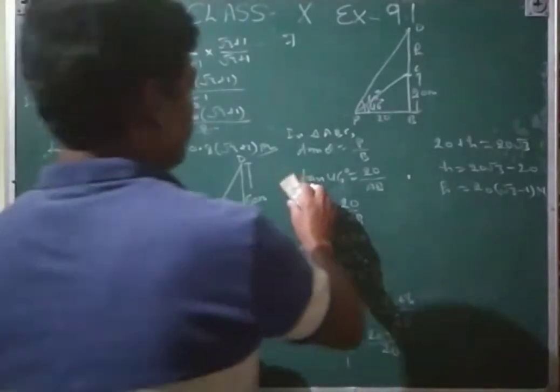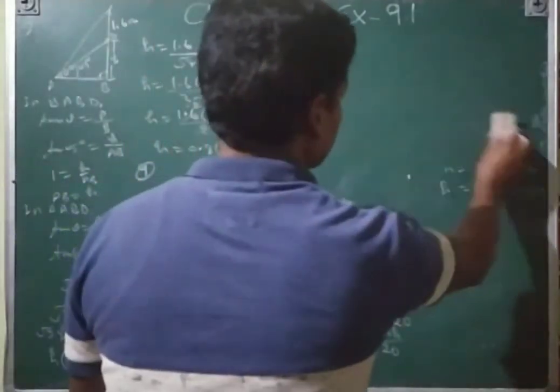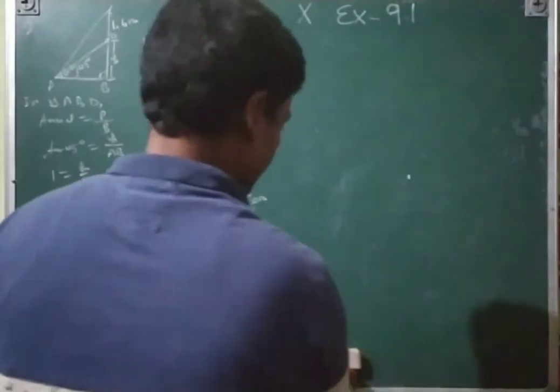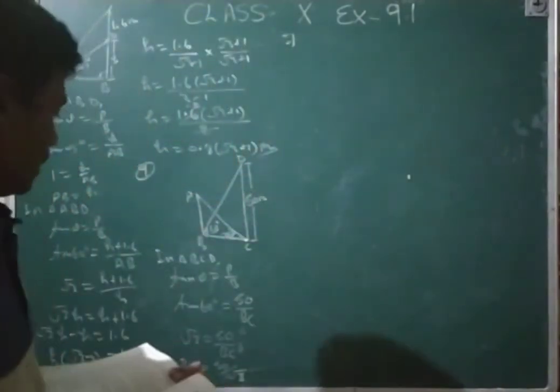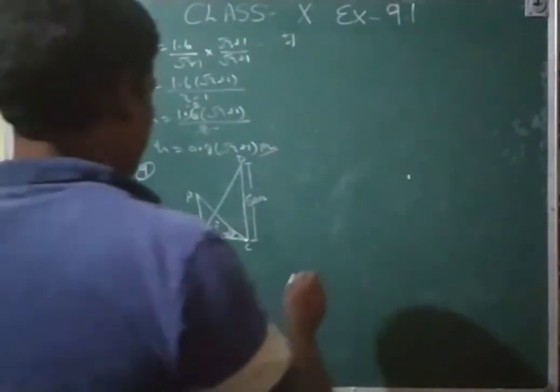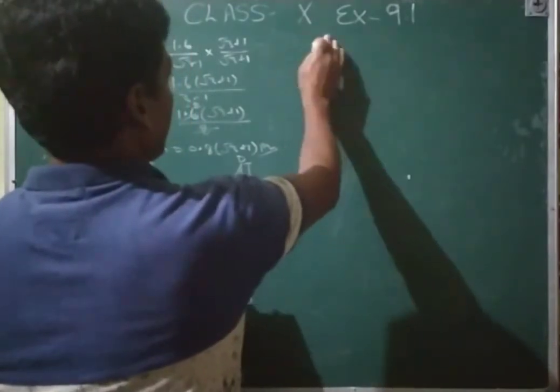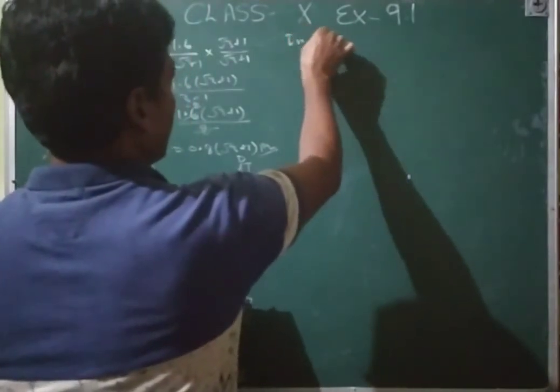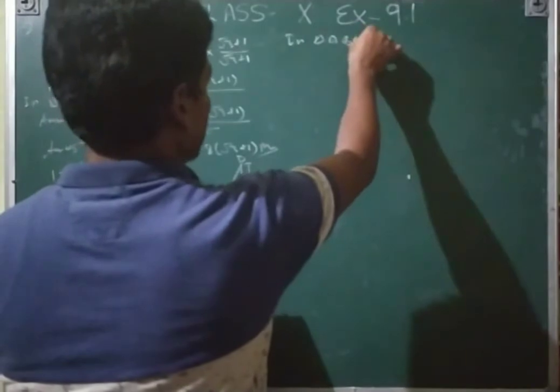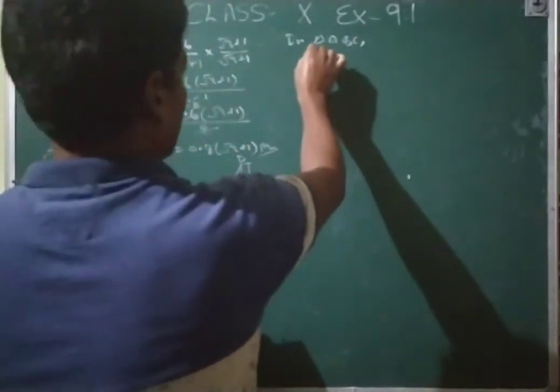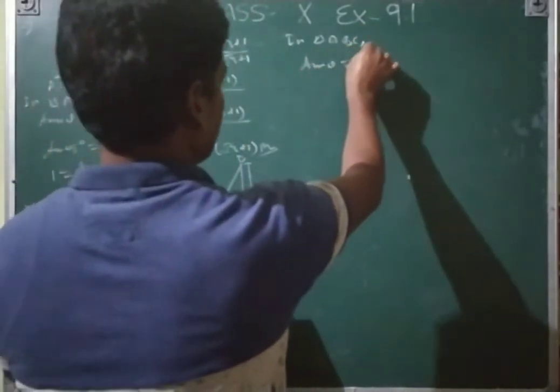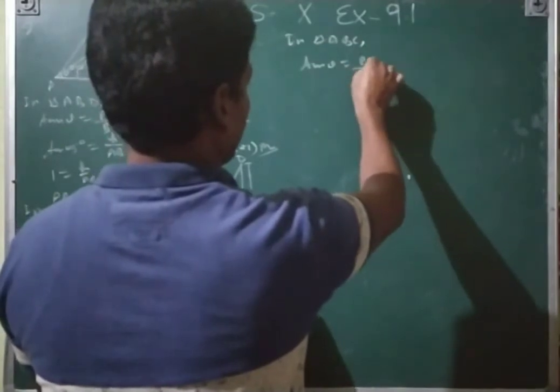And then in triangle ABC, again tan theta is equal to perpendicular upon base.